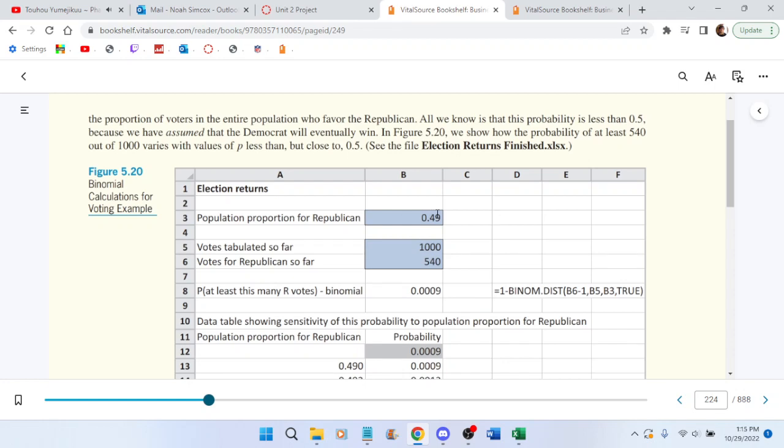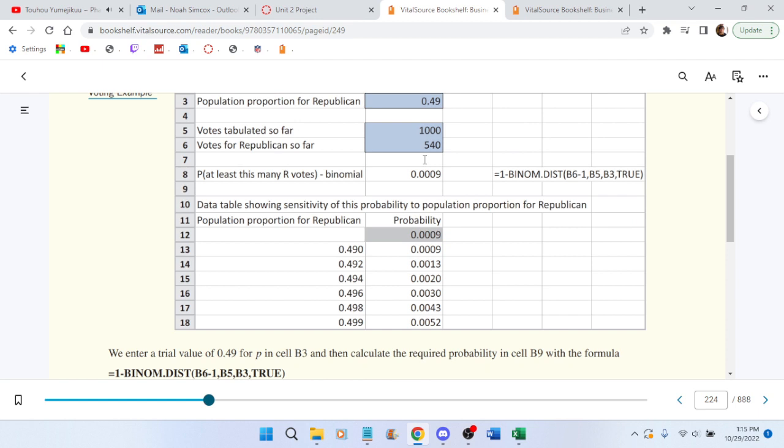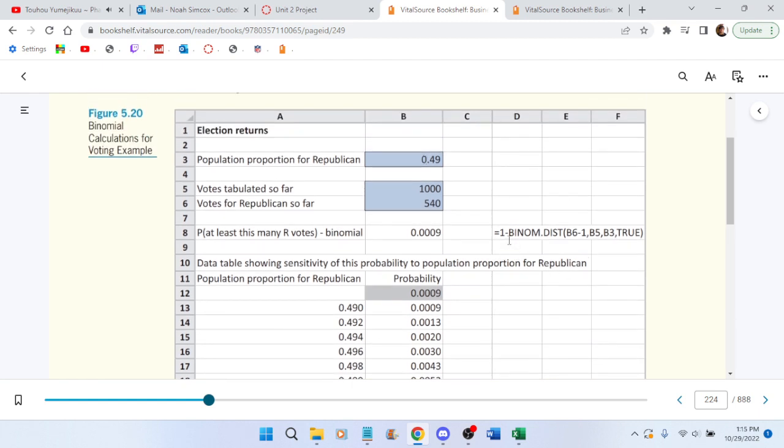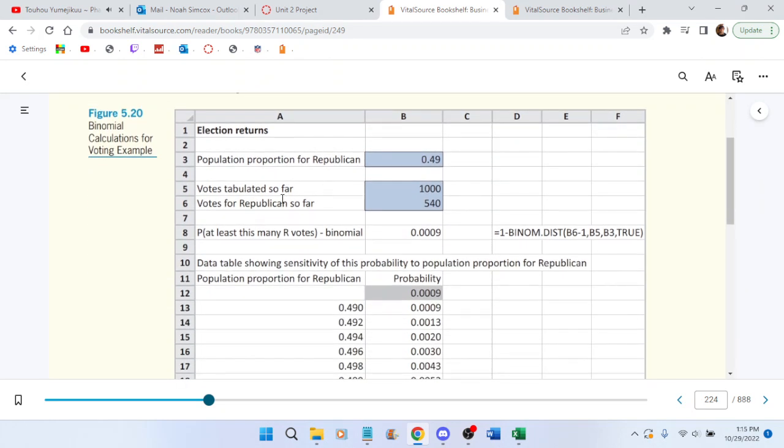Really, why do they go to 0.49 though? What is the probability that you will get at least this many Republican votes? This -1.